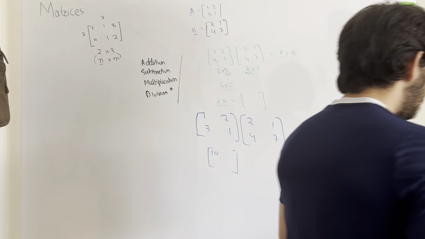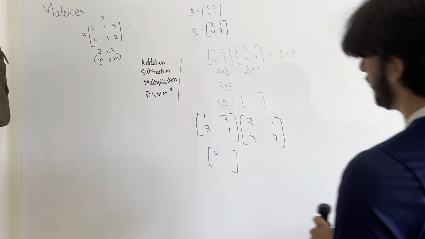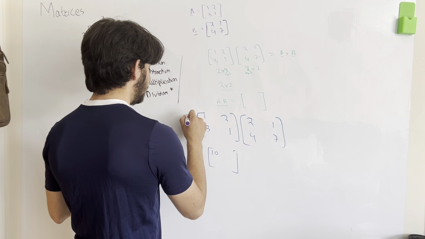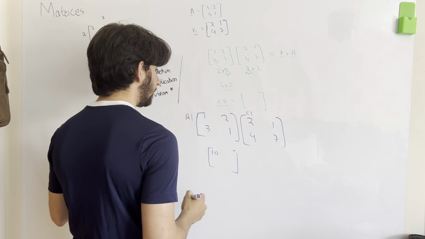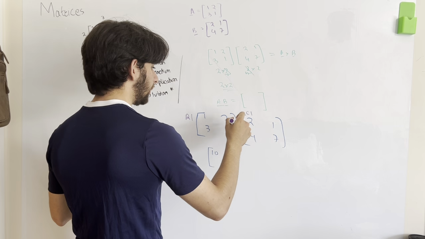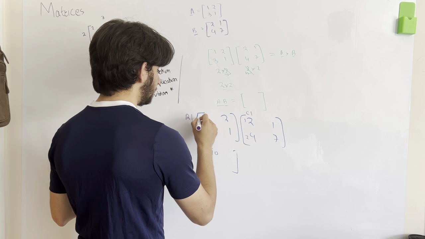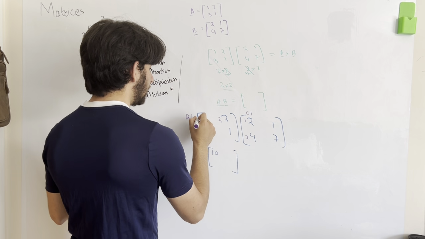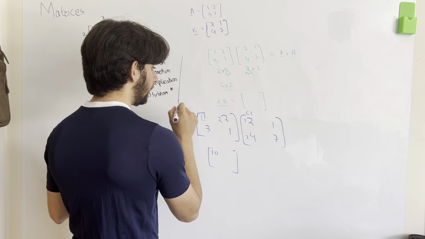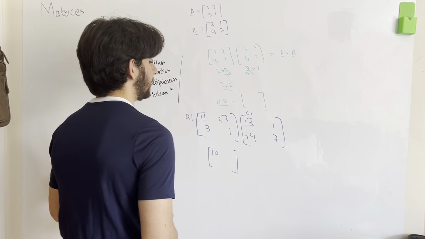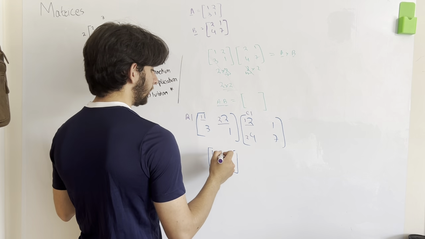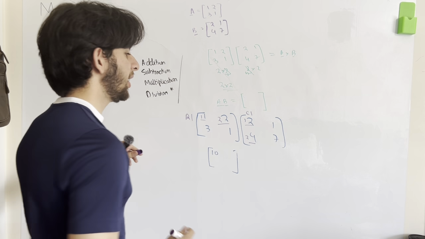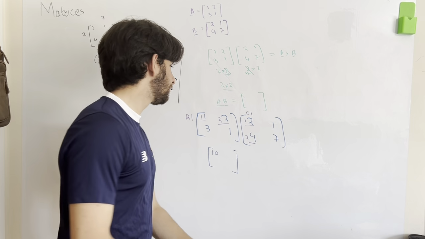A different colour now. What I have to do is I have to look at my first row and my first column, and the first element and the second element. I multiply the first element in my row with the first element in my column, the second element in my row with the second element in my column, and then I add those two numbers together.